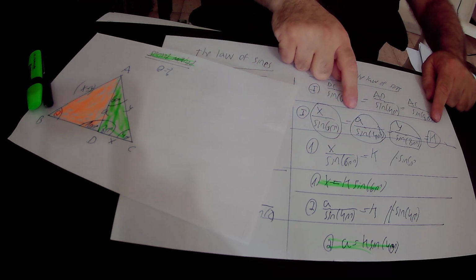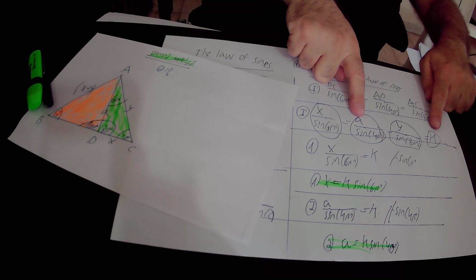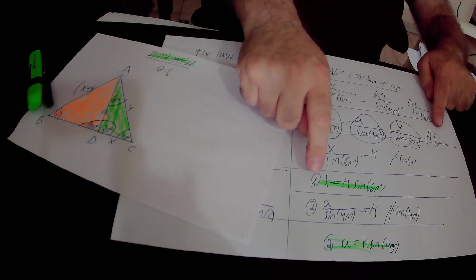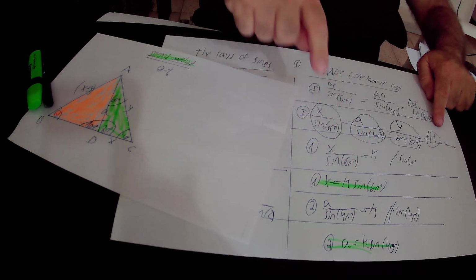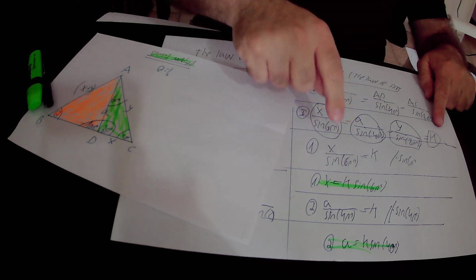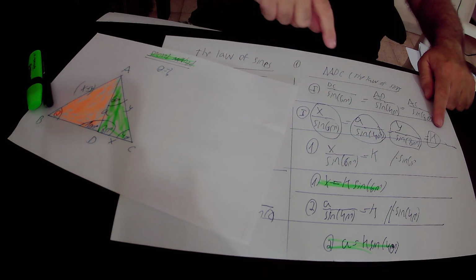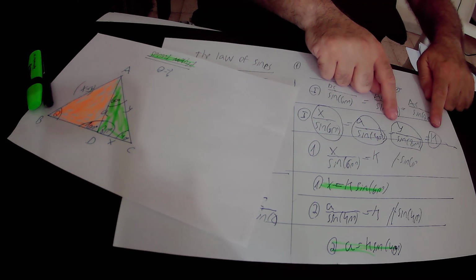In the next step, we derive the second equation: a over sine 40 degrees equals k. We multiply this equation by sine 40 degrees and find that a equals k times sine 40 degrees.